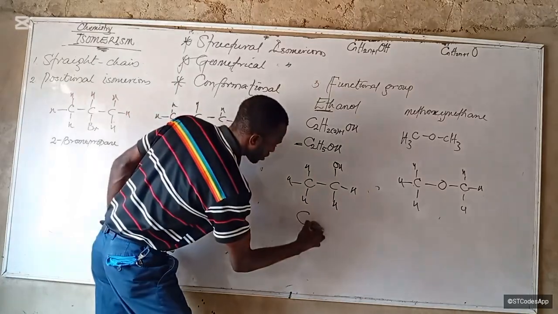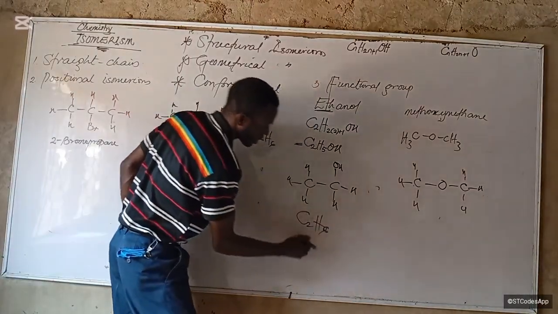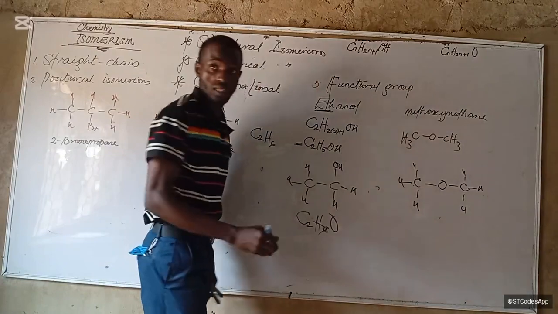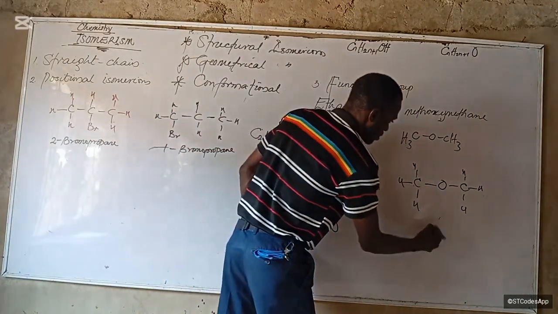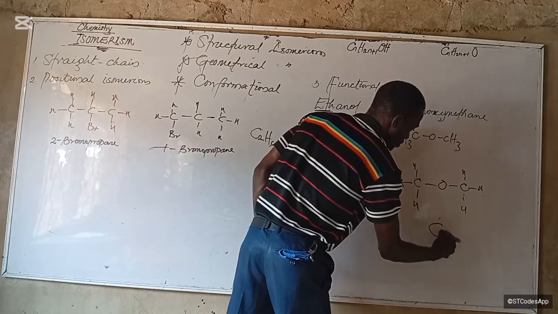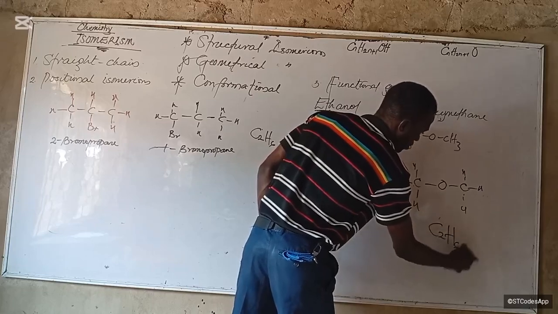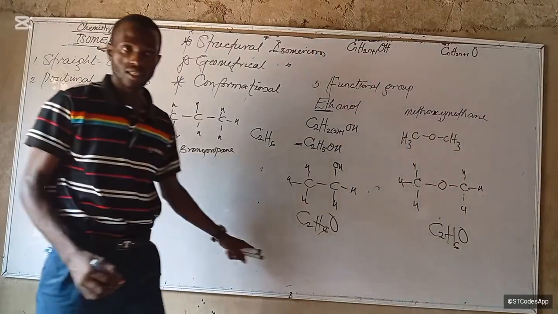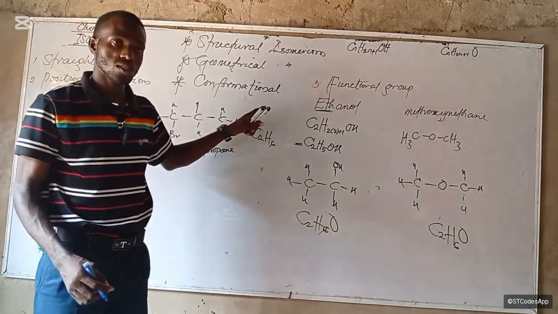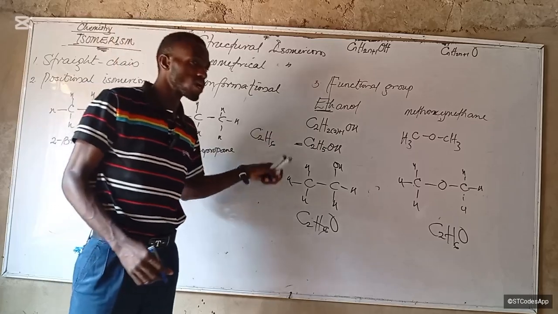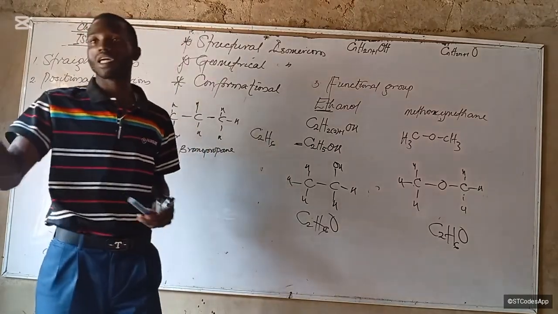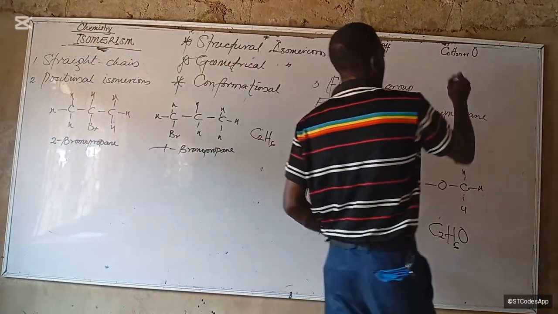Okay, let me write it down. C2H6O. Does that make sense? Do you see that? So what kind of isomerism is this? Functional group isomerism. Tell me what kind of isomerism this is before you write.